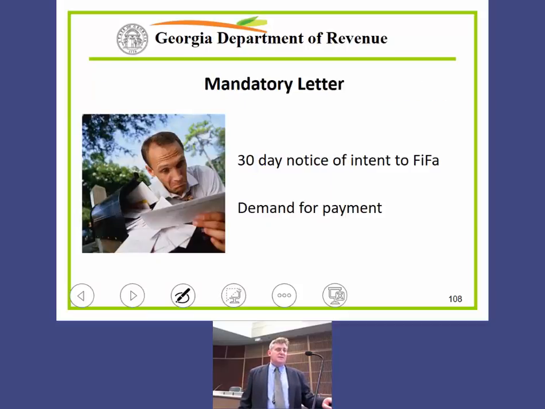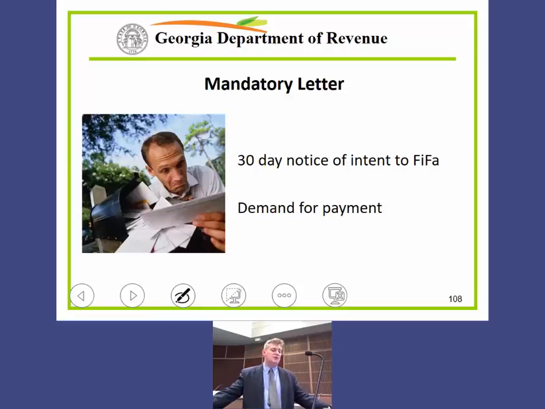But before a tax FIFA or execution can be issued, the taxpayer has to be given a 30-day notice of intent to FIFA. And this 30-day notice of intent to FIFA is a demand for payment. And this letter has to be sent prior to a FIFA being issued for non-payment of taxes on real property.